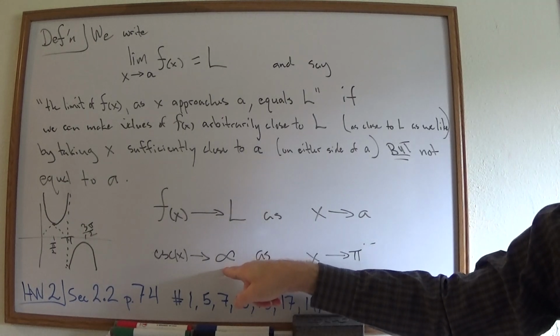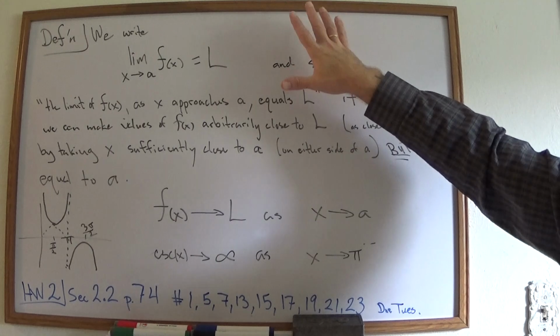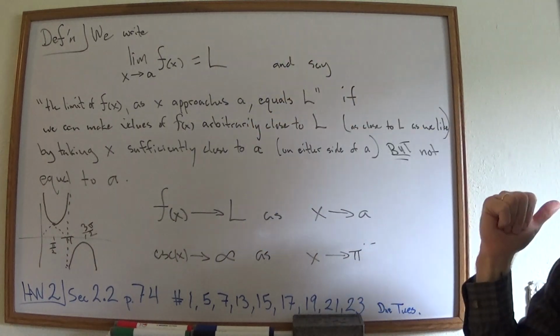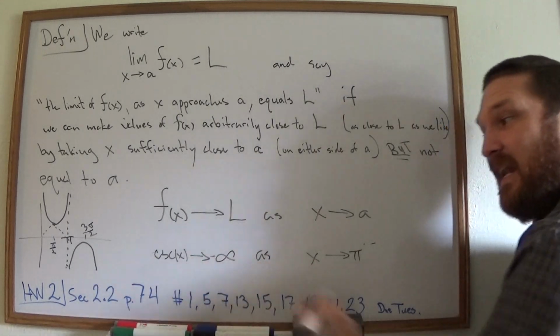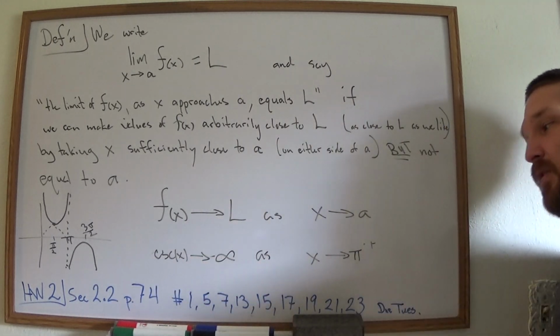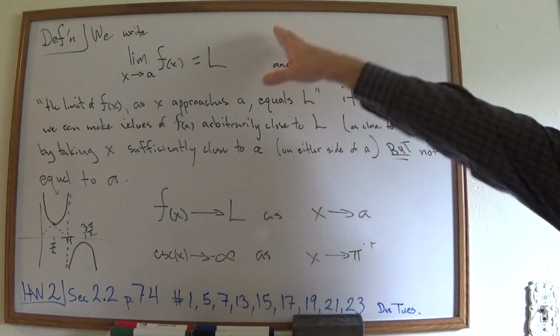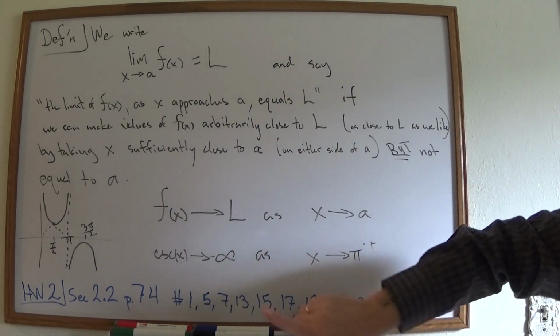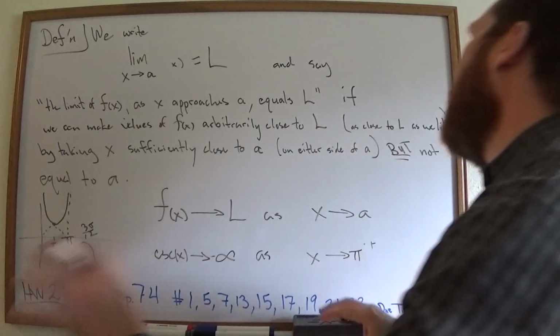So from the left, we say from the left. And there will be another definition in a minute where we're going to say either from the left or from the right. But it goes to negative infinity as you go to pi from the right. And these mean the exact same thing here, right?